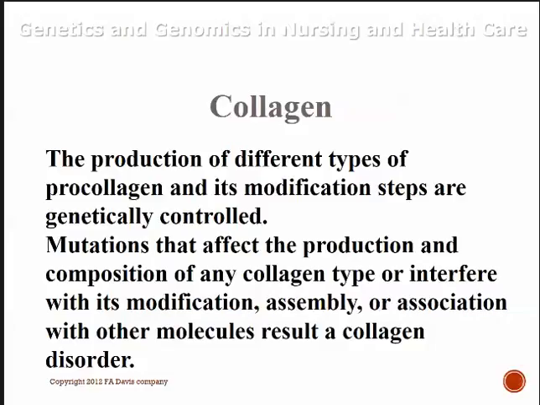Mutations that affect the production and composition of any collagen type, or interfere with the modification, assembly, or association with other molecules, result in a collagen disorder. So it's not just about having collagen, it's that entire process. Anywhere in the process you can see the genetic disorder or the effects of the genetic disorder.